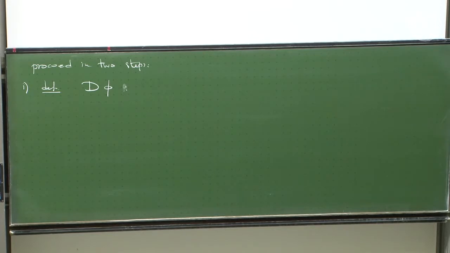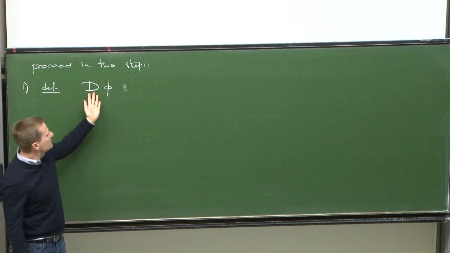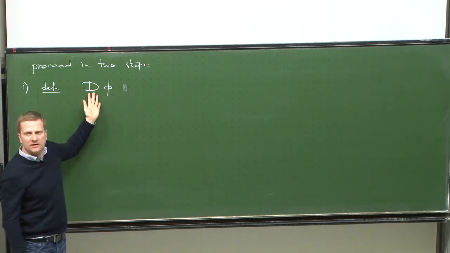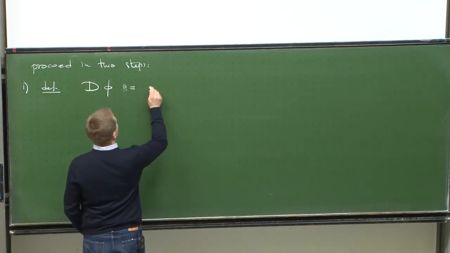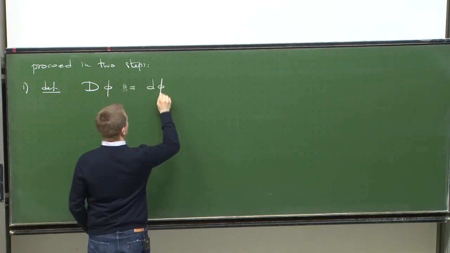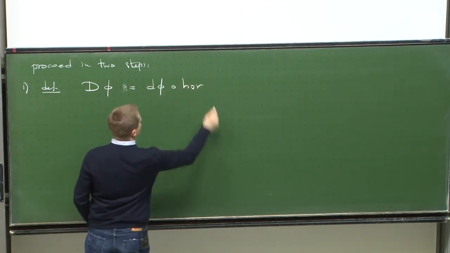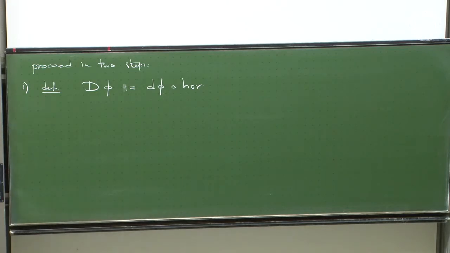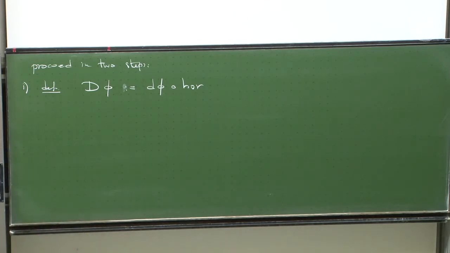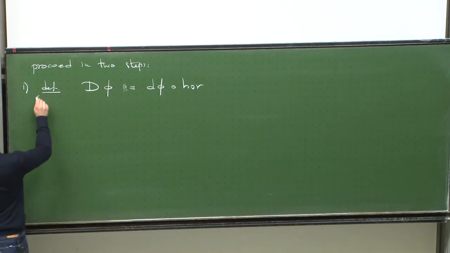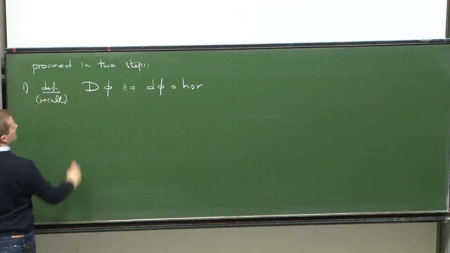It's a function. It's an F-valued function. And I think when I introduced the covariant exterior derivative, I had it flower-valued, right? So now flower is F. Okay? And this was simply defined as the d phi after the horizontal projection of any vector I plug in. That was the definition, so I should just say recall the definition, because we had it before.